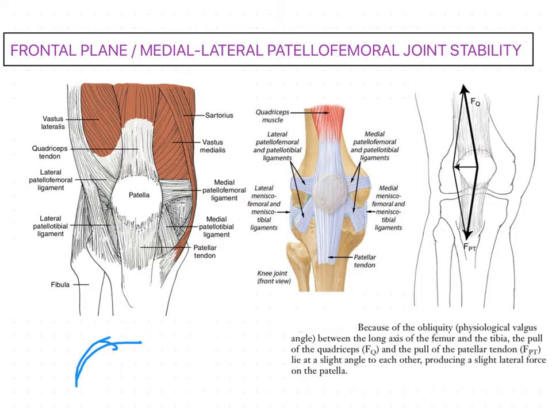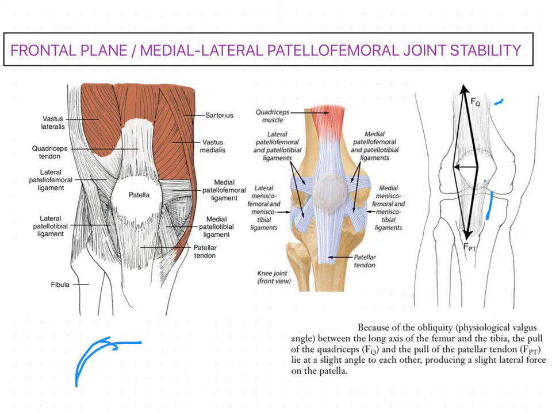Because of the physiological valgus normally existing between the tibia and femur, and also the action lines of the quadriceps, here you can see the action lines of the quadriceps and the patellar tendon do not coincide. So for this reason the patella is pulled slightly laterally by these two forces.